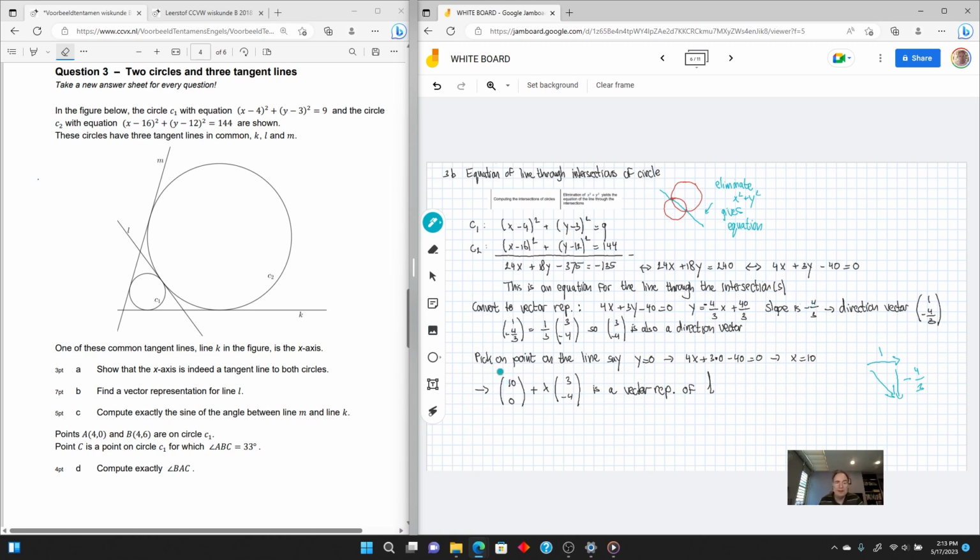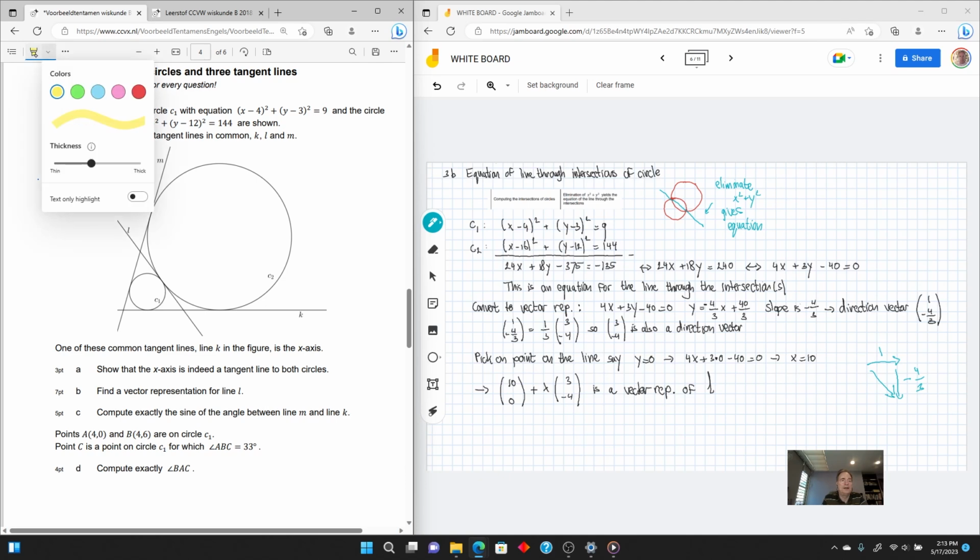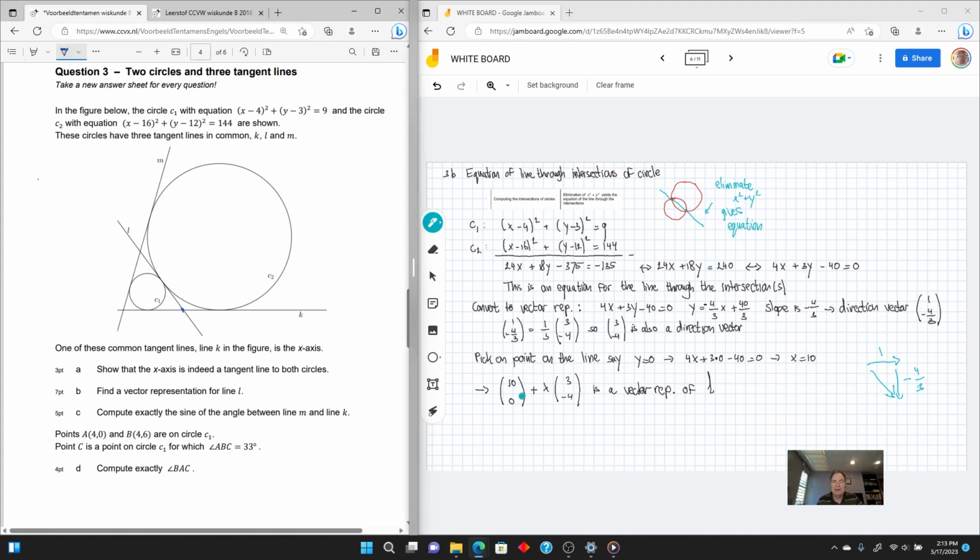So the point 10, 0, that must be actually this point here, is on the line. Then I have everything. Then I just say, okay, it has to be 10, 0 plus lambda (3, minus 4).